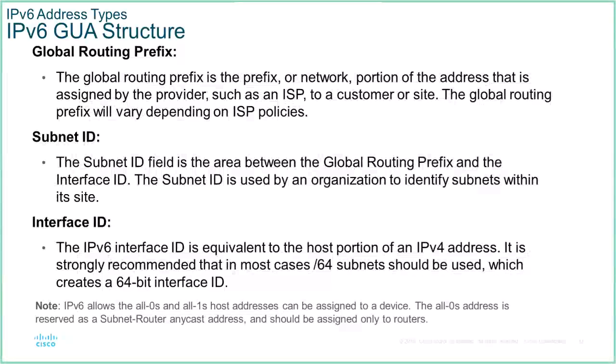As we said, you can change your prefix length and bring it into the interface ID. You can do that, but it means you've got to do a little bit more manual addressing throughout your networks.